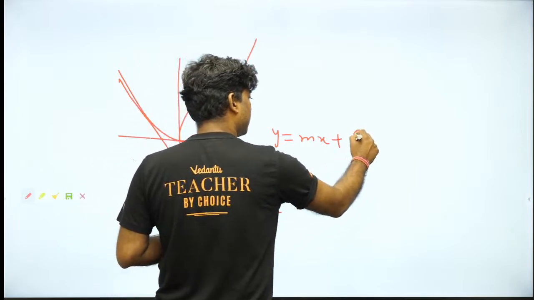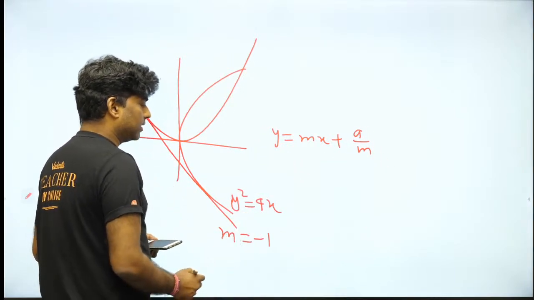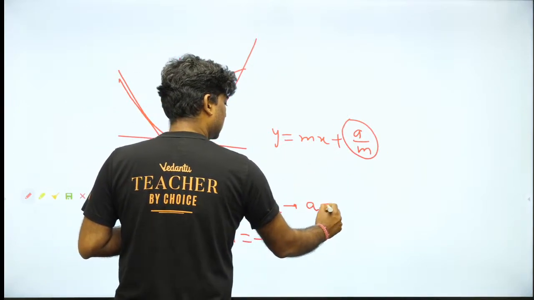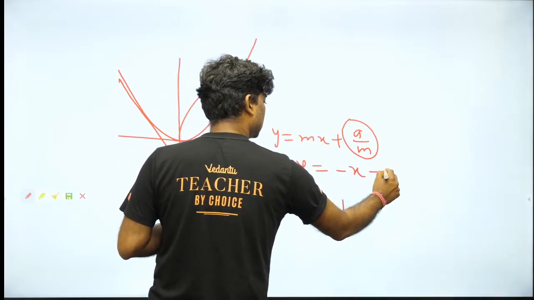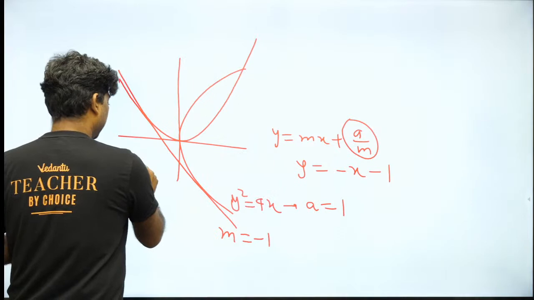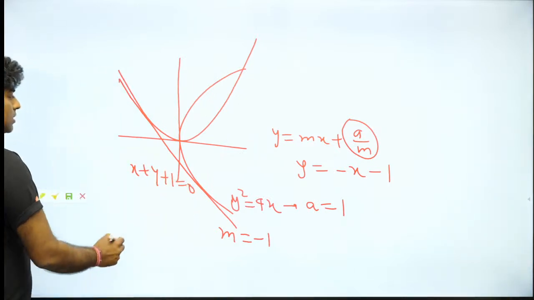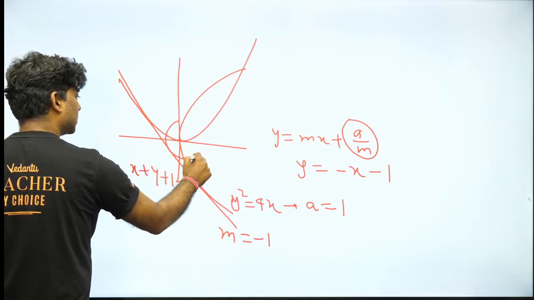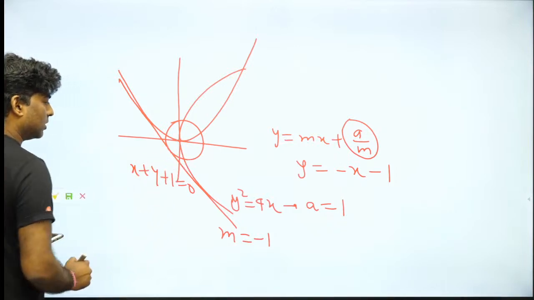If you take this parabola y square equal to 4x, with minus 1 slope, y is equal to mx plus c, and c is a by m, right? So if m is minus 1, and a is 1, then the common tangent is x plus y plus 1 equal to 0.